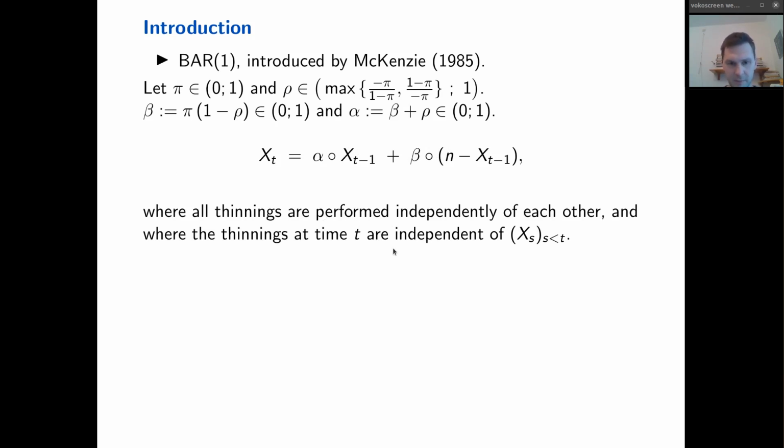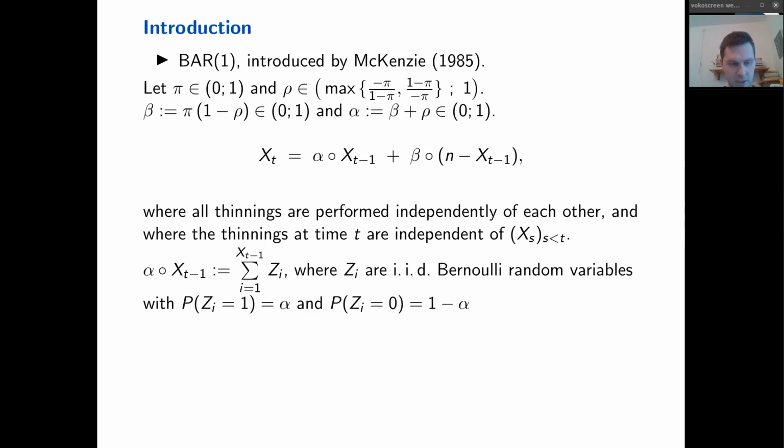All thinnings are performed independently of each other. Mathematically, you can define that as a sum of independent identically distributed Bernoulli random variables from 1 till X_{t-1}, and here the sum till n minus X_{t-1}.